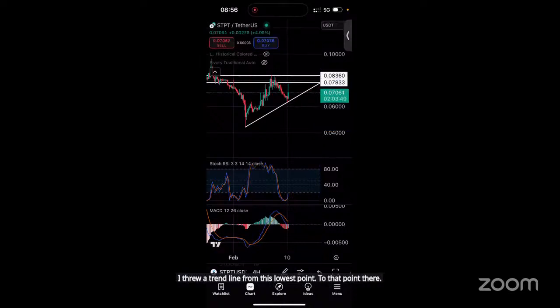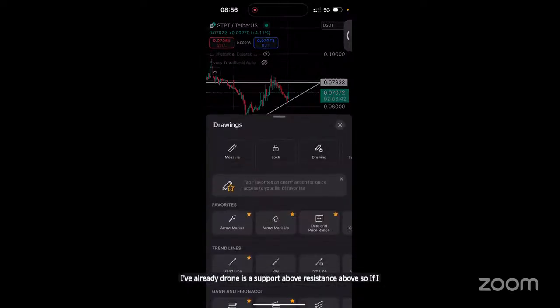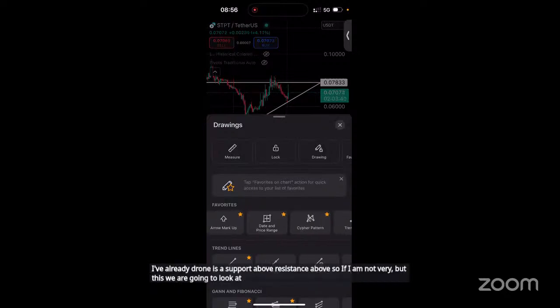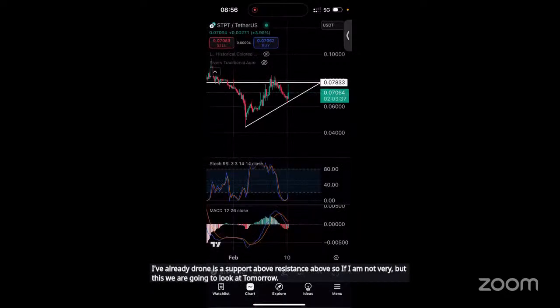I have already drawn a support above, a resistance above. But this we are going to look at tomorrow.